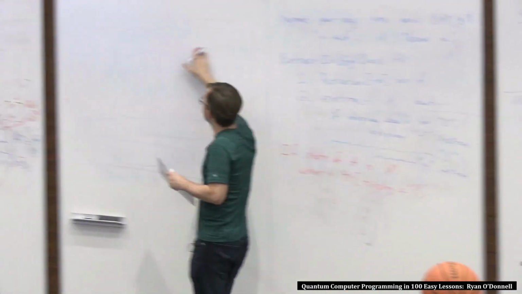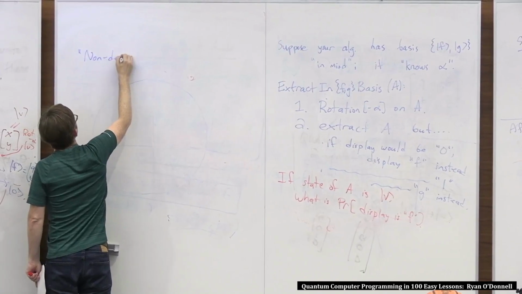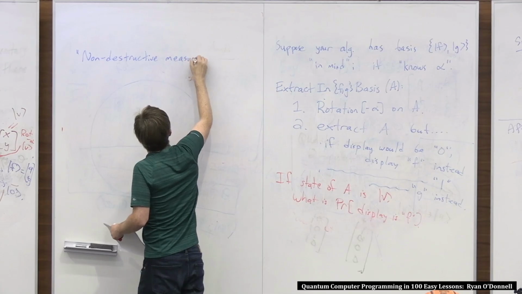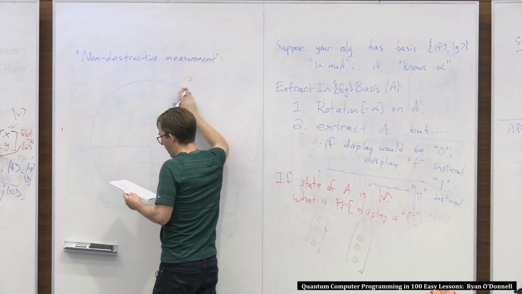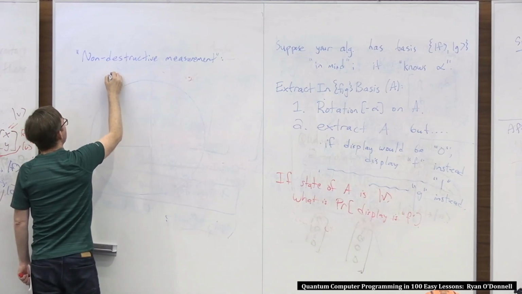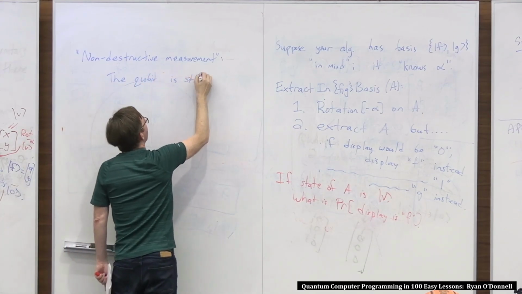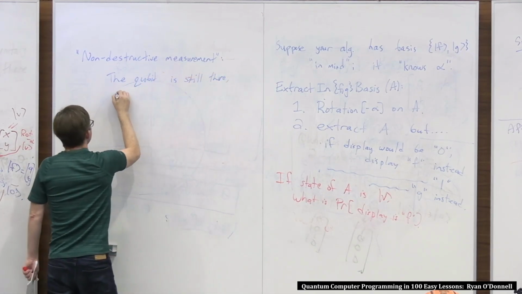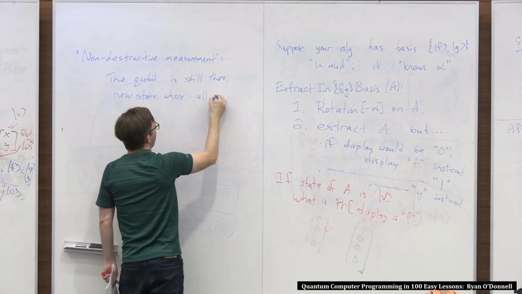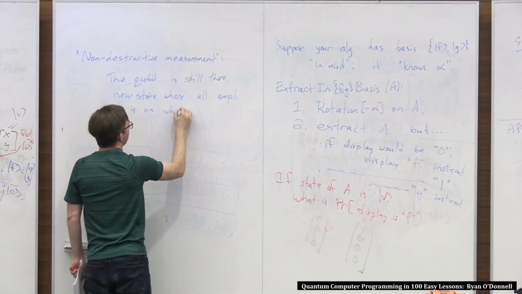So what I'm saying is, for some physical implementations of qubits, there is the physical possibility to do something called a nondestructive measurement. After you do this, it has the same rules as extract all, except it doesn't delete the qubit. The qubit is still there. But it has a new state where all the amplitude, amplitude 1, is on whatever the measurement outcome was.